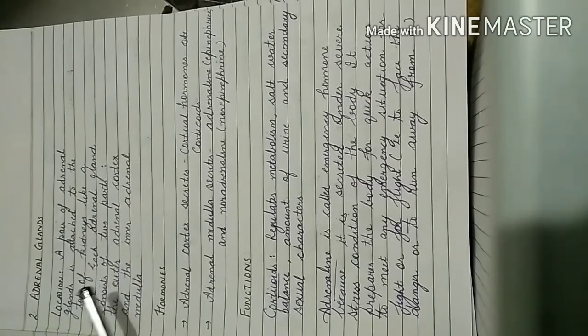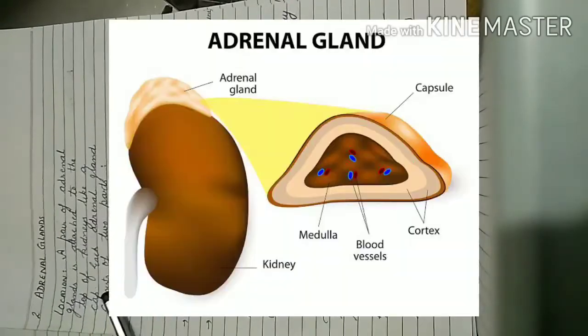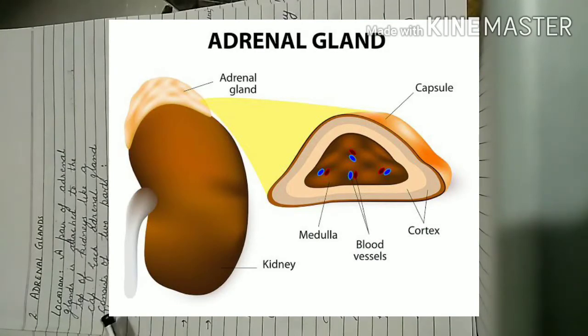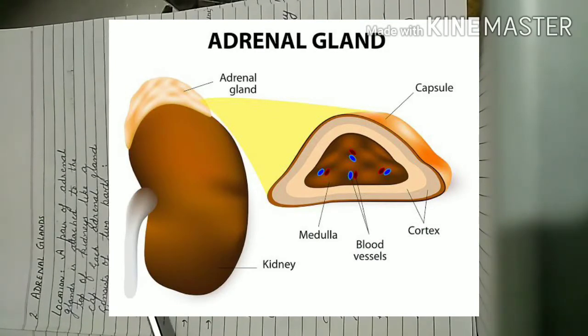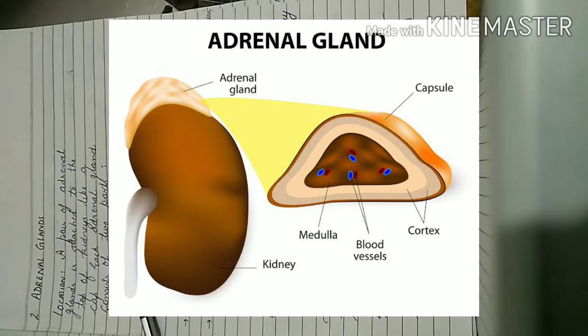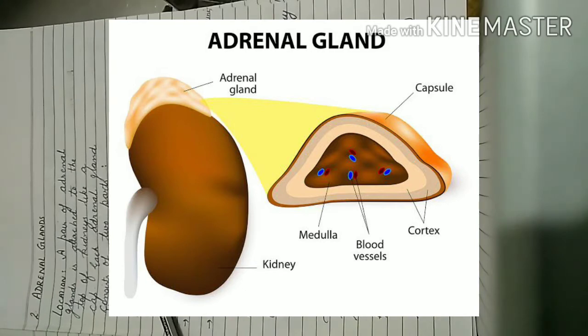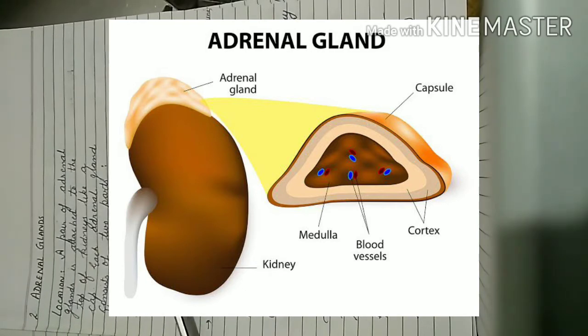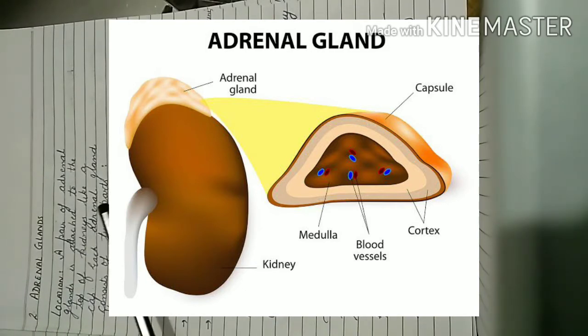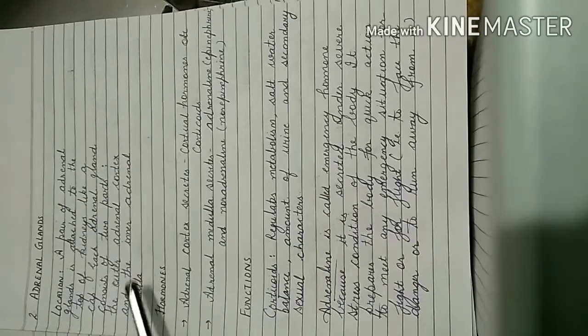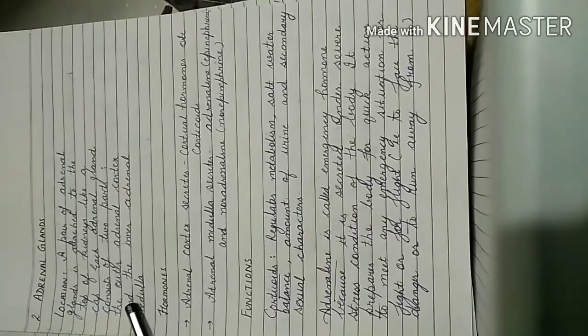Each adrenal gland consists of two parts, the outer adrenal cortex and the inner adrenal medulla. So the two parts of the adrenal gland are the adrenal cortex and adrenal medulla. The outer part is the cortex and the inner part is known as the medulla.